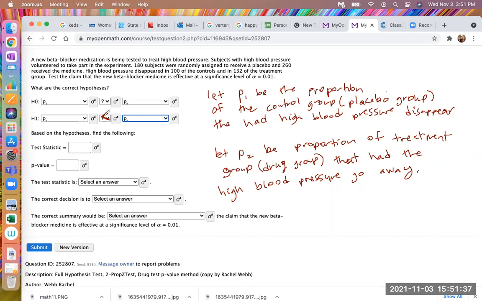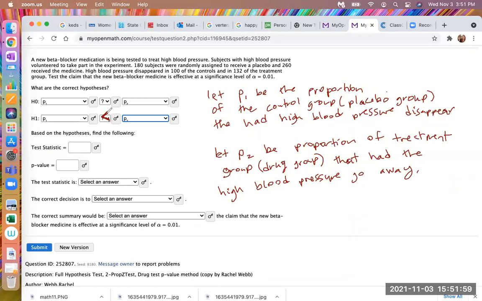Okay, because I want to say that if people took the drug, then they're more likely to have high blood pressure go away, right? Or I want to say the proportion of those who are healed taking the drug is higher than the proportion of those who are healed who took the placebo, right?